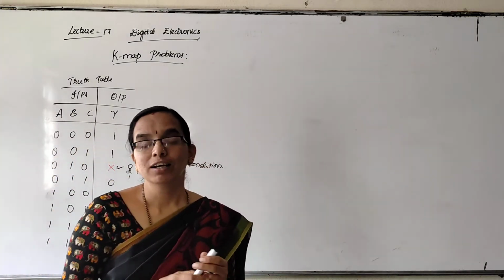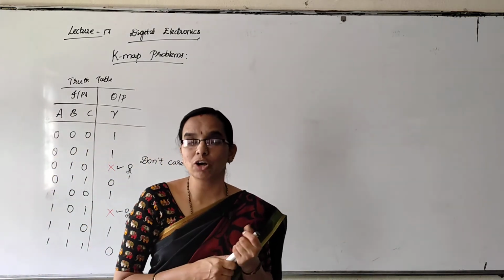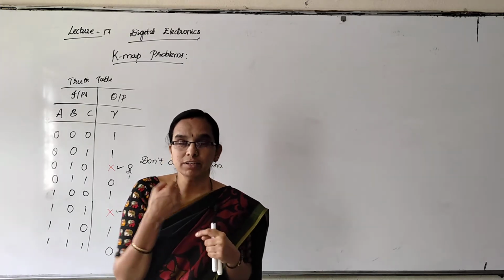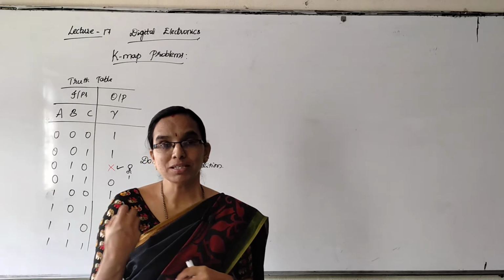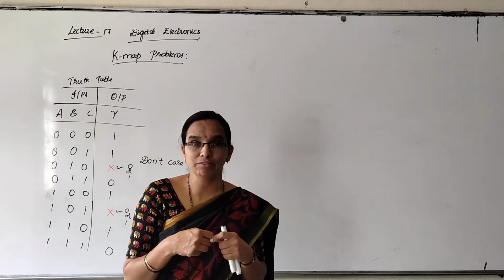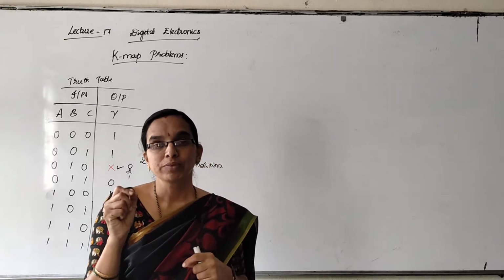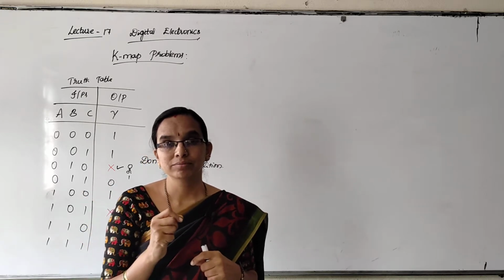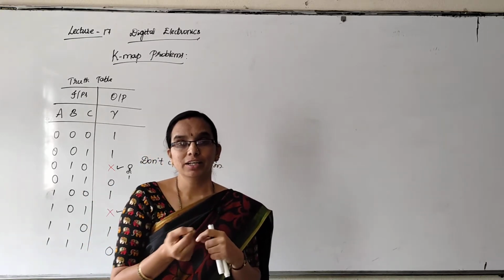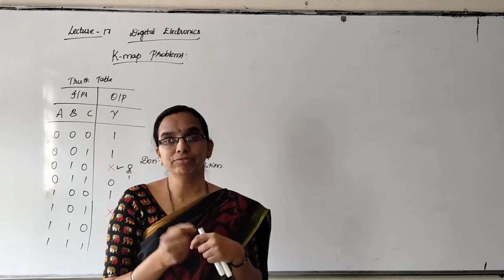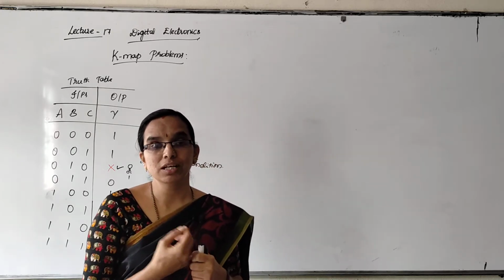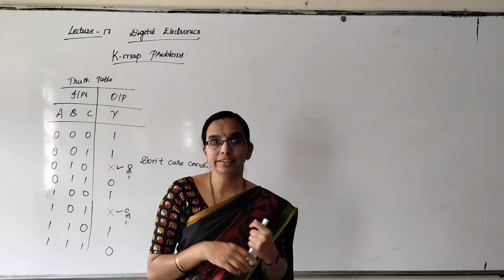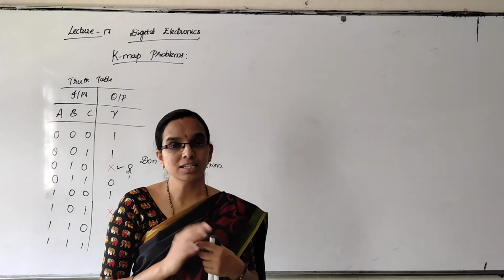While plotting the Karnaugh map, it is our convenience to consider whether that should be 0 or 1. While grouping in the Karnaugh map, whether it is required for us when solving the sum of product expression, we will consider that as 1, otherwise we will consider that as 0.